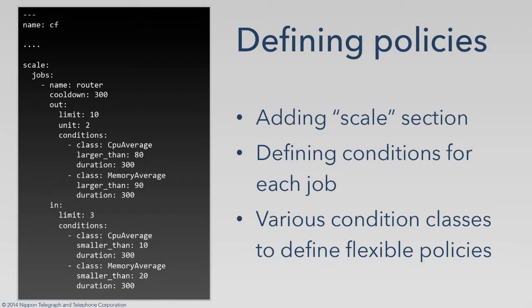For the default BOSH heartbeat messages, you can use these classes listed on the slide. For example, you can define a condition like if 80% of memory is used on average for the last 300 seconds with these classes.